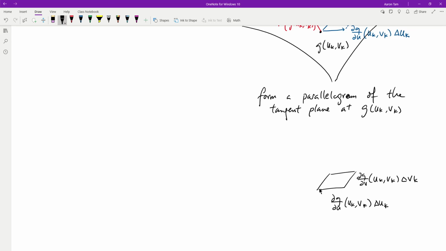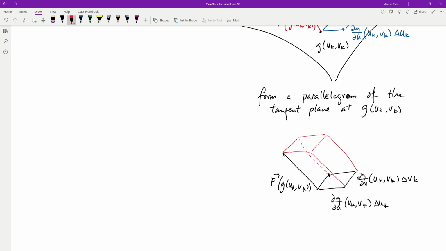And we have a vector that points sideways, which is vector f at g of u sub k, v sub k. And so imagine we form this parallelogram again, and we can have some kind of solid. So this volume would represent the impact of this vector field on this surface.